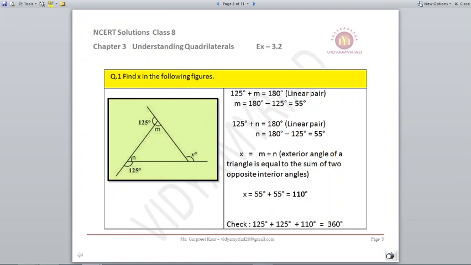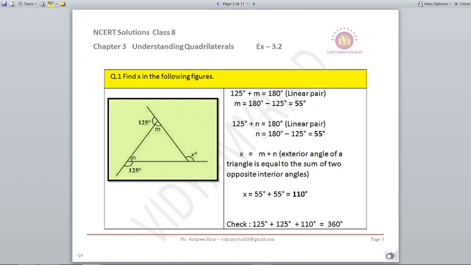So, 125 degrees plus m will be equal to 180 degrees because of the linear pair property. So, we can find m as 55 degrees. Same way, n will also come as 55 degrees because outside it is 125 degrees. So, now we have m and n, both are 55 degrees.